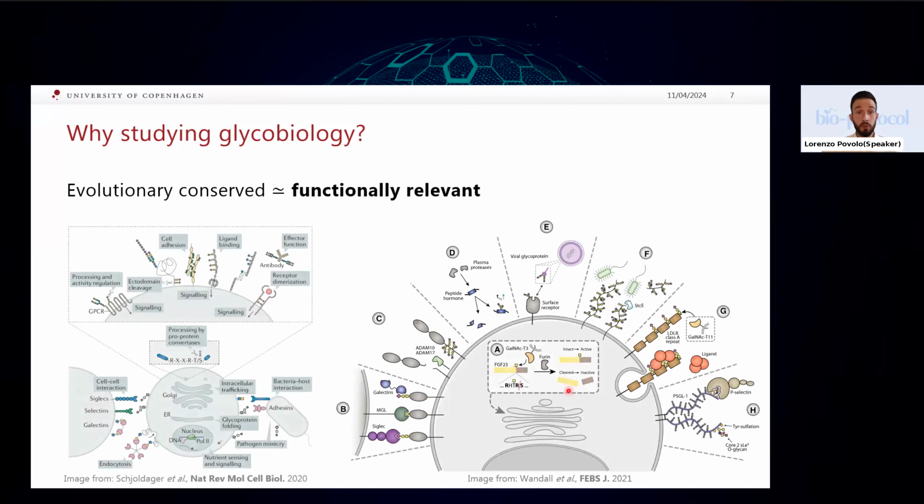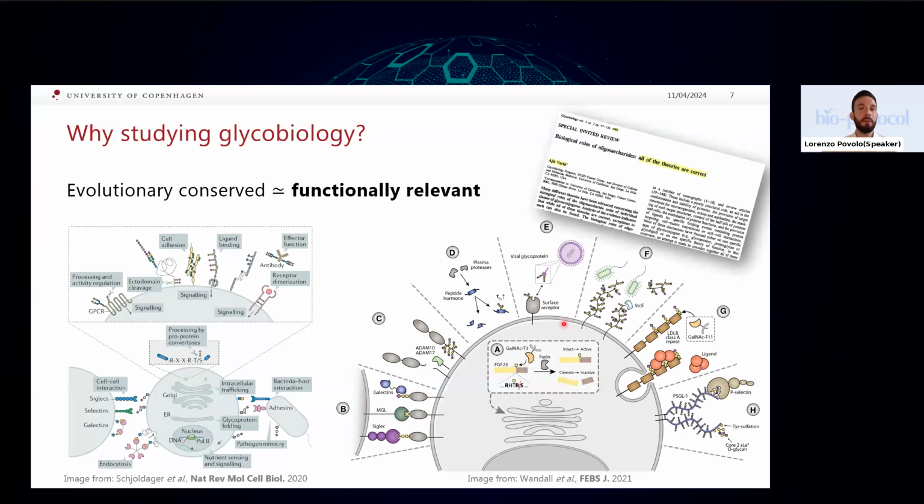I will show you these representative figures of the multiple functions that glycans can have in the cell. For example, glycans have been shown to be important in cell-cell adhesion, in binding to ligands, in receptor signaling, and many other functions.